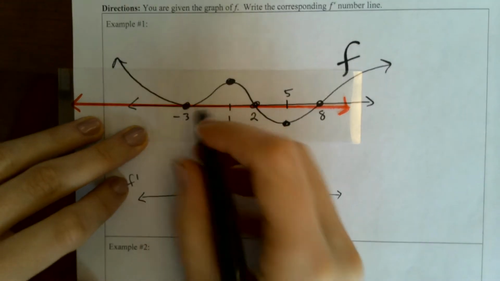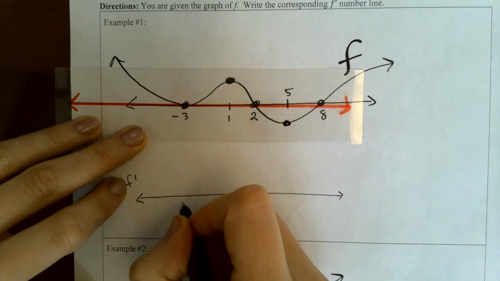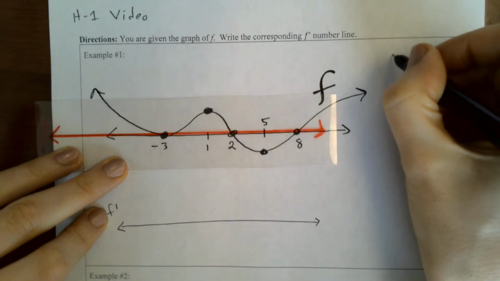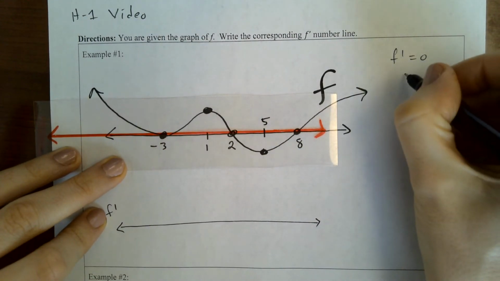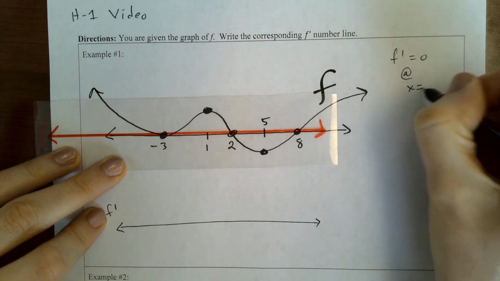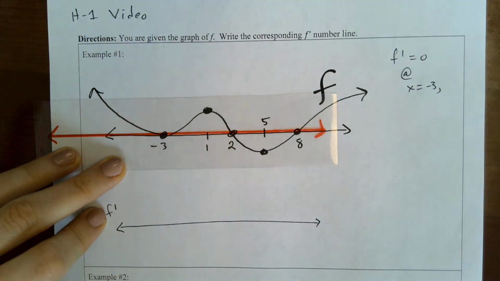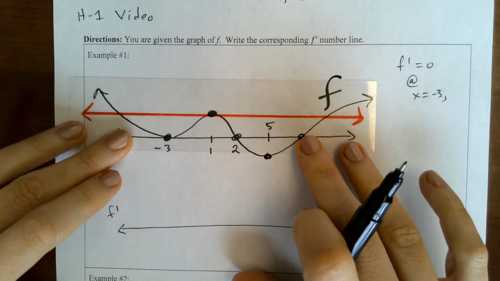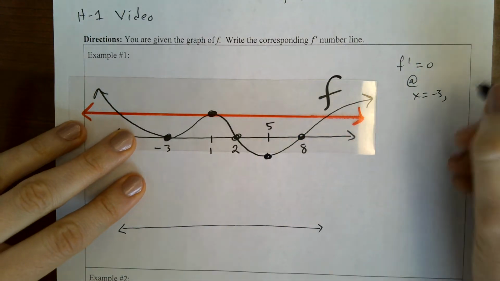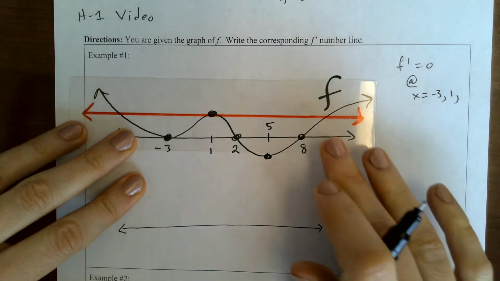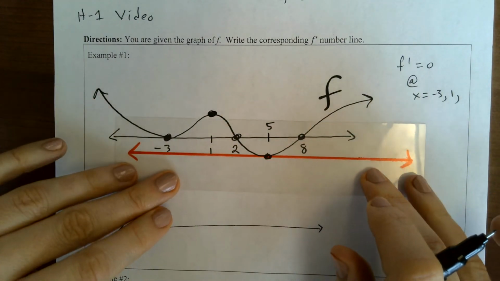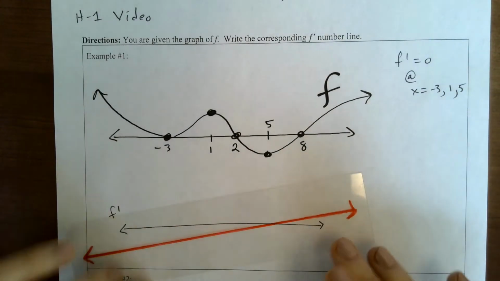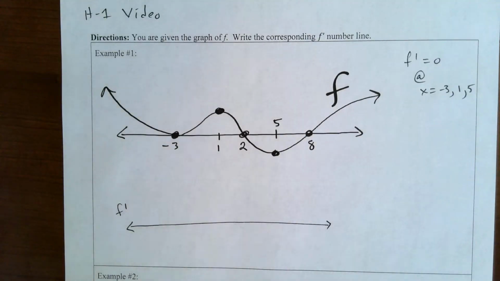So f prime equals 0 at x equals, okay, so I got -3 is one of them. And then where else? Okay, right here is another horizontal tangent. X equals -3, 1. I got another one down here at 5. And that's it, no more horizontal tangents.